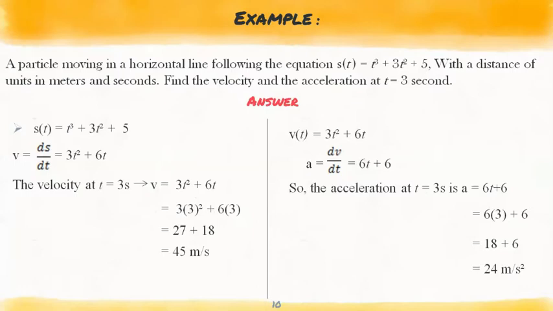That means for the velocity at 3 seconds, all we have to do is put it in. If we plug in 3, we get 3 times 3 squared plus 6 times 3, equal to 27 plus 18. So the velocity is 45 meters per second.